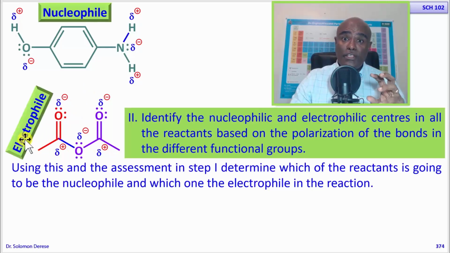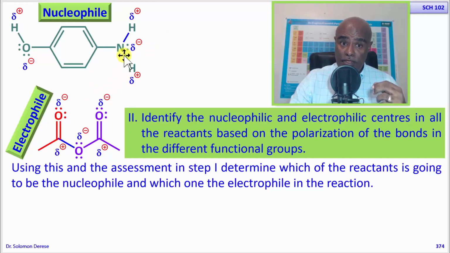So in the reaction between 4-aminophenol and acetic anhydride to give paracetamol and acetic acid, it is 4-aminophenol that acted as the nucleophile while acetic anhydride acted as the electrophile. Again, of course, the bond is between this nitrogen and this carbon.